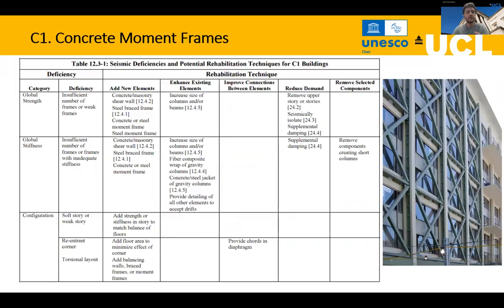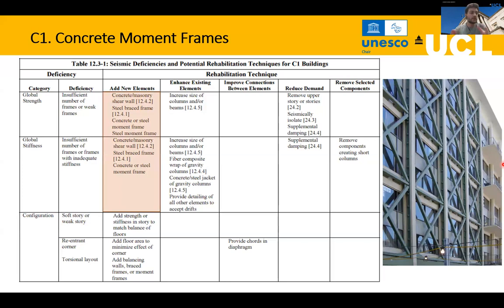So in this case, we can see this type of table in the FEMA 647, in which you will have in here the category, and for each one of the categories, a particular deficiency is specified, and for each one of the 5 rehabilitation techniques, a suggestion is included. In some cases, like in here, you will have no recommendation, because if the problem is a deficiency related to the global strength, improving connections between elements will not improve the general strength of your building.